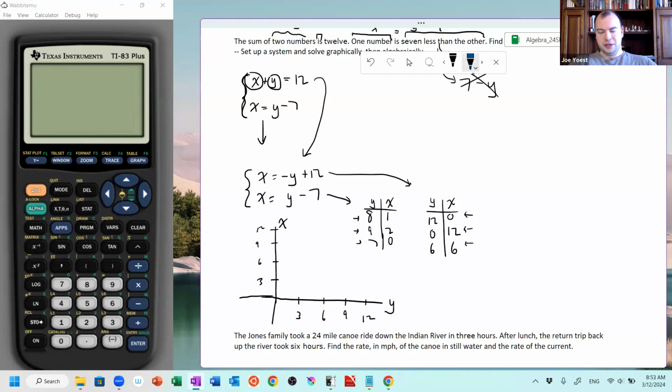Okay, so equation 2, maybe I'll draw this one in blue, goes through 9, 2. So that's maybe about here. Goes through 7, 0. So that's maybe about here, a third of the way between 6 and 9. And 8, 1. That does seem like it's on that same line.